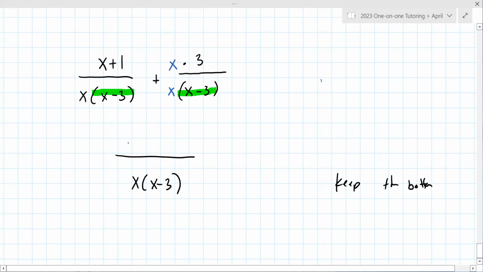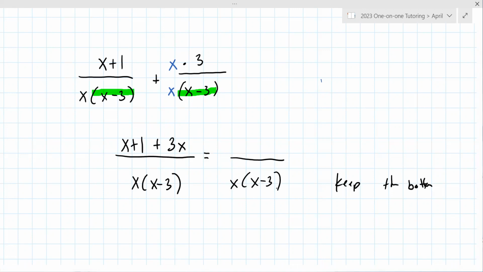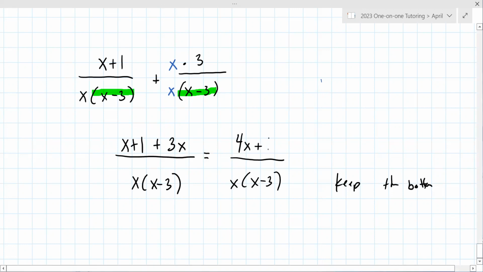So that's x plus 1 plus 3 times x, because the x and the 3 are multiplying. Okay. What does the top become? Yes, you combine like terms. 4x plus 1. Excellent. All right.